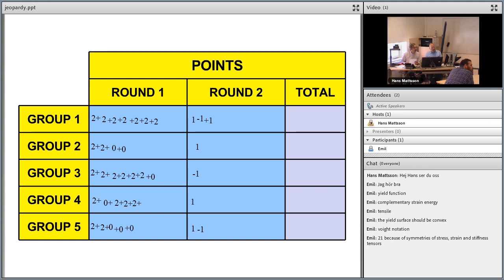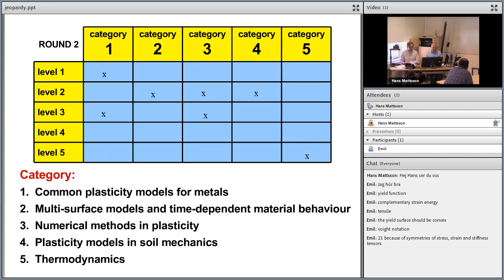What do you say first in the indirect? Okay, and how is that formulated then? How does that equation look like? Yeah, good. Exactly. F dot equal to 0, using the consistency condition on incremental form in indirect methods, and F equal to 0, using the consistency condition on exact form in direct methods. So 1 point for group 1, and then you choose a category.